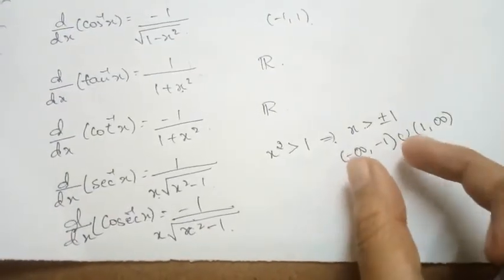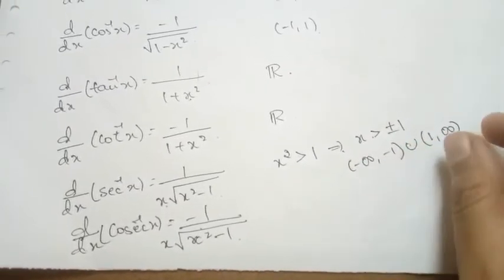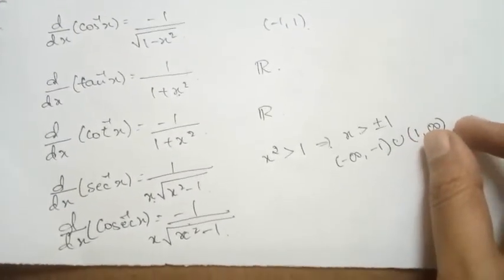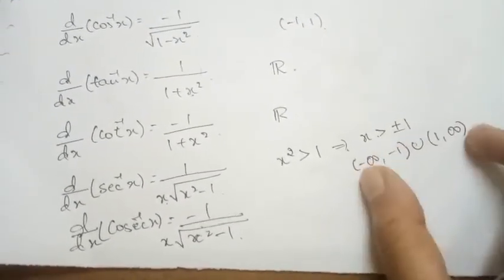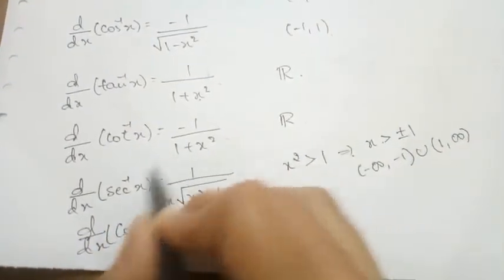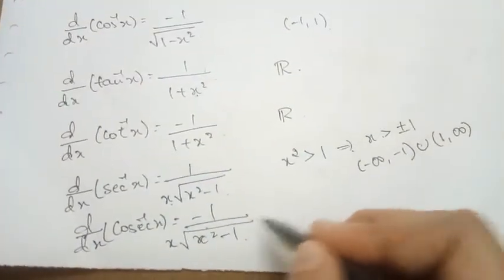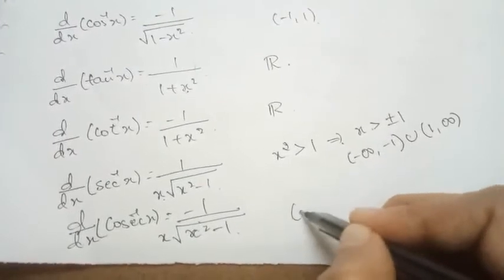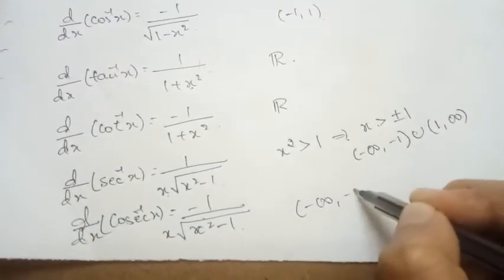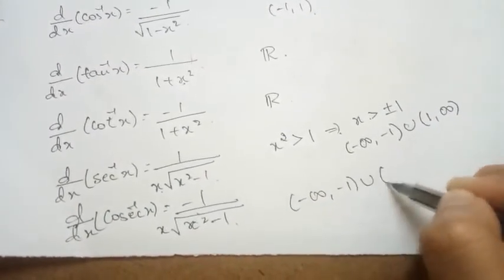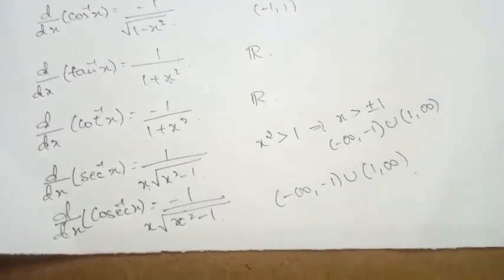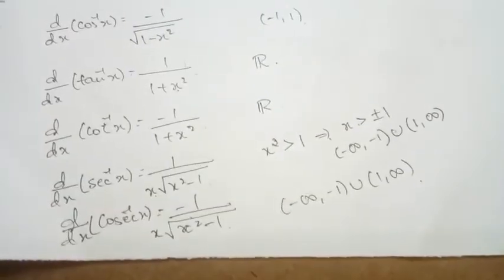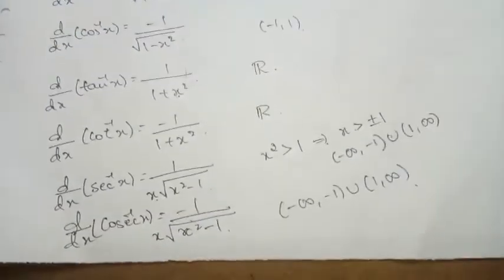So this is the domain of the derivative of the secant inverse function. Similarly, the domain of the cosecant inverse derivative is also minus infinity to minus 1, union 1 to infinity, the union of these two sets.